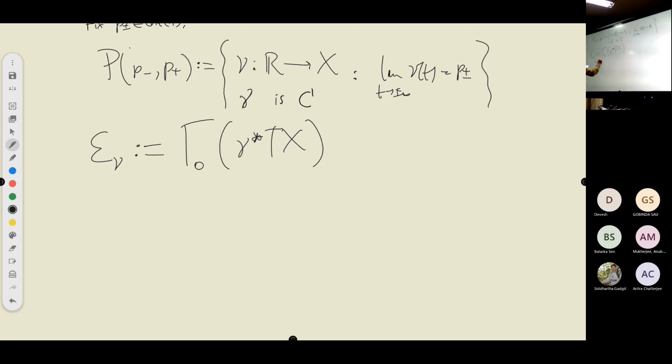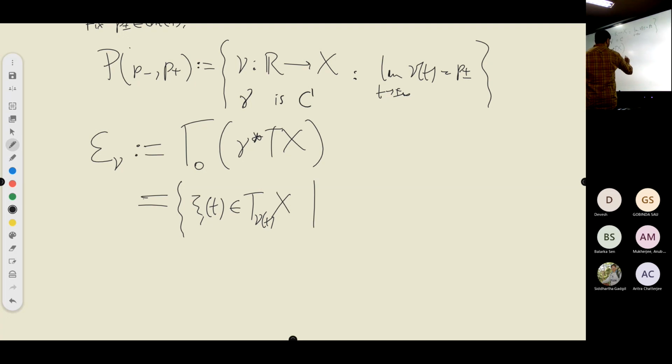This is just psi, which has the following property: psi is some function from R to another space, and psi t is supposed to live inside the tangent space of X at gamma t, with the property that the limit of psi t as t goes to plus or minus infinity is equal to 0.